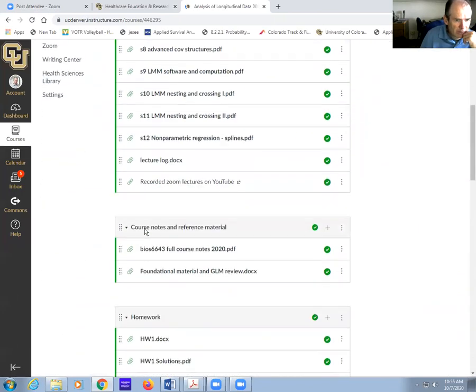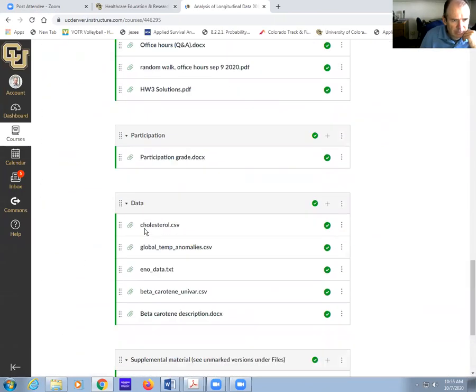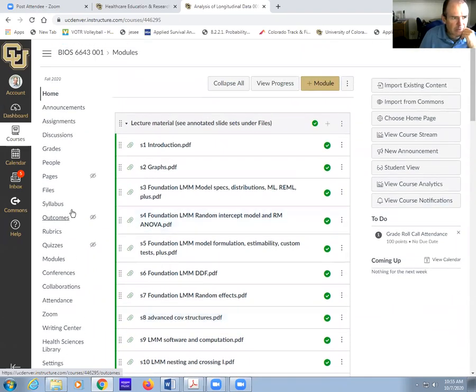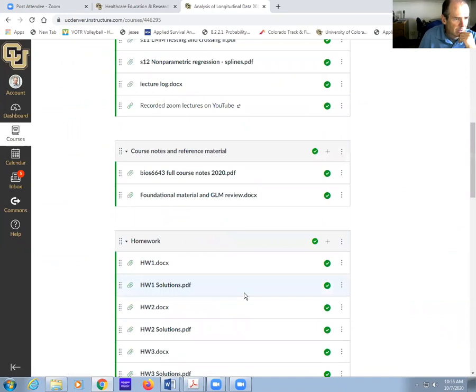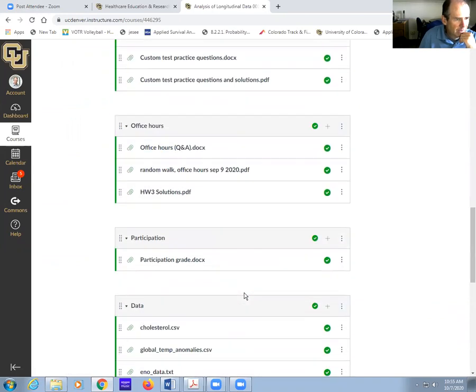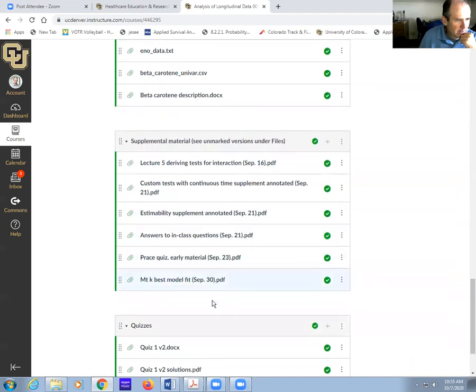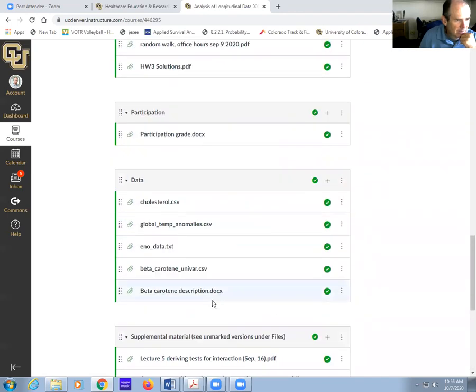Did you guys navigate the things pretty well on Canvas? I have gotten a little more advanced. I'm using the modules. Last year I just put everything in files and basically just went with that. But little by little, getting a little more advanced here. Data, yeah, it's not in there.